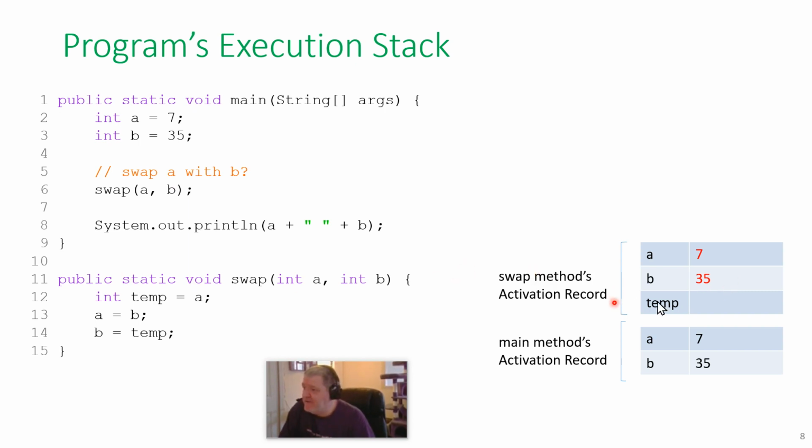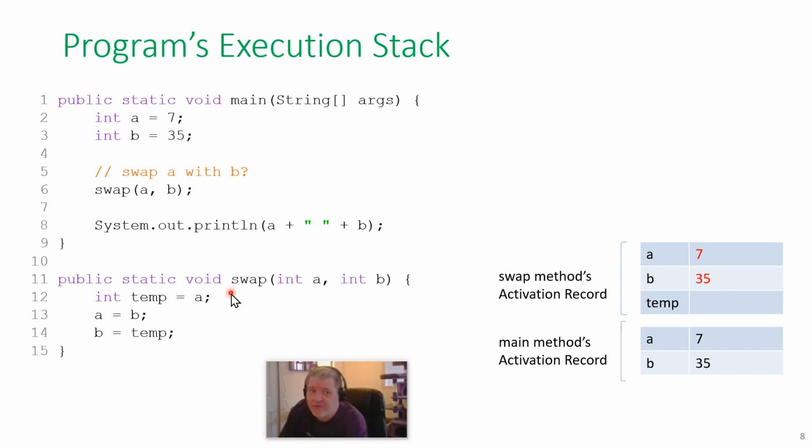And then I also need to be able to store in this activation record a variable temp, that I'm going to assign some value as soon as I start executing line 12. But for now, I just entered my swap method, and this is what happens in memory.